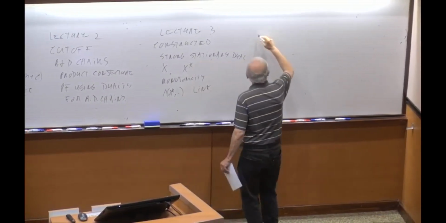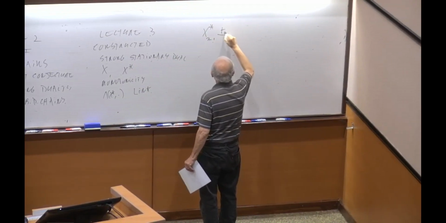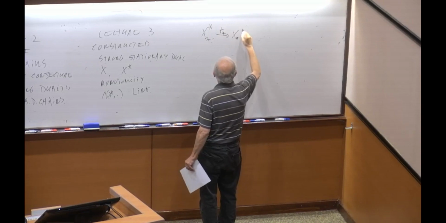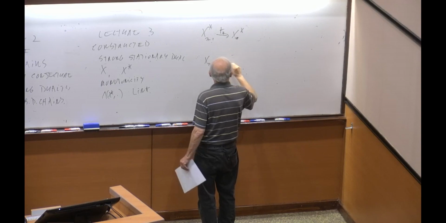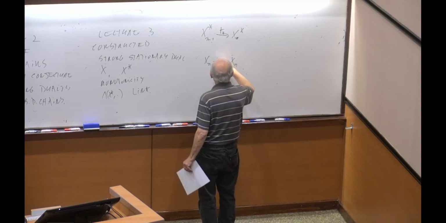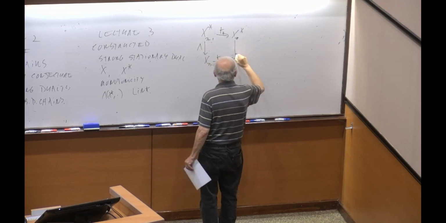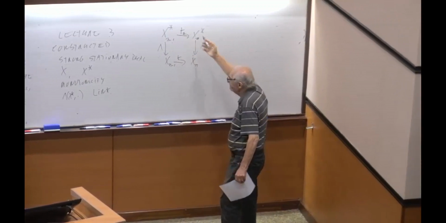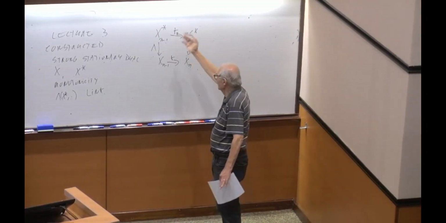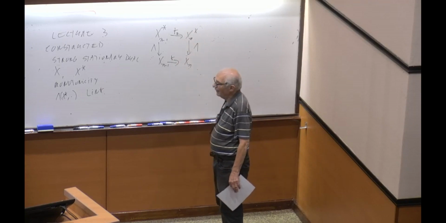and then if I have my star chain, X_{n-1}* into X_n* by K*, and I had X_{n-1} into X_n by the K chain, and here is the link function. These are two Markov chains, and there's this link function.